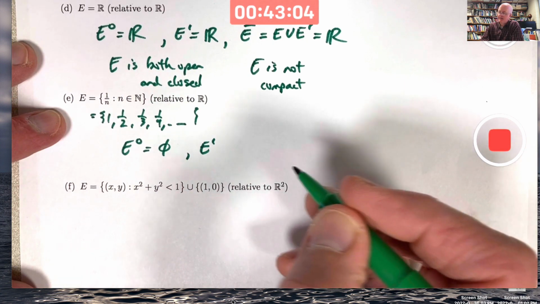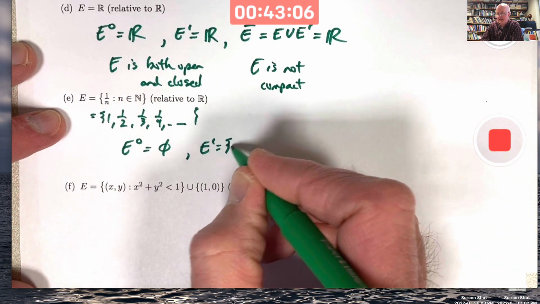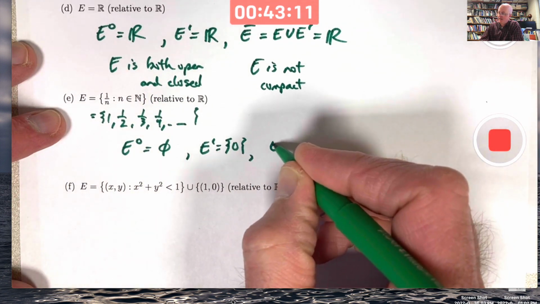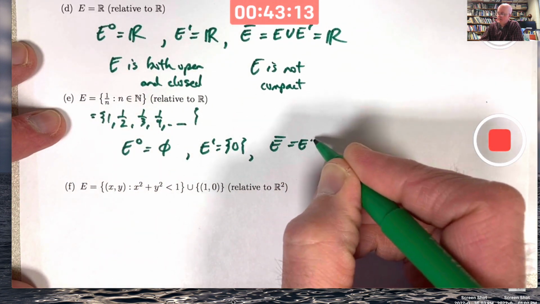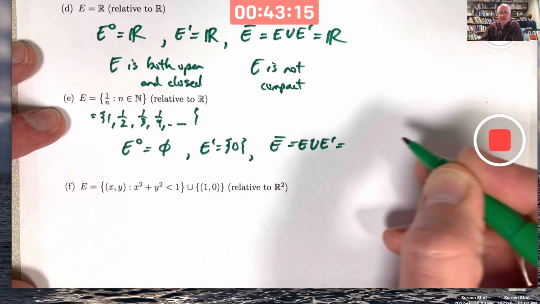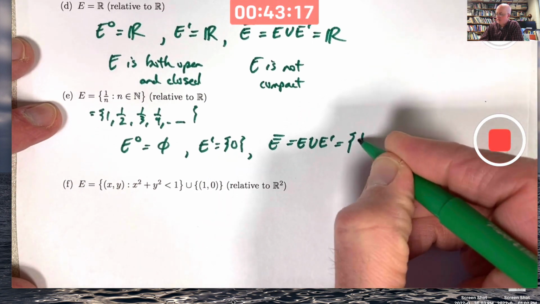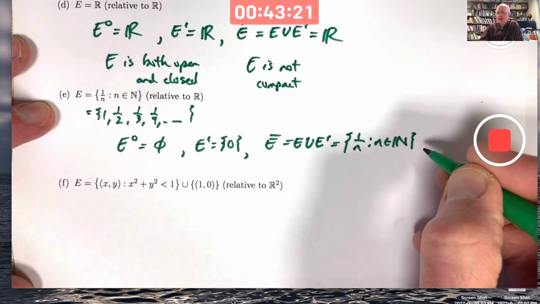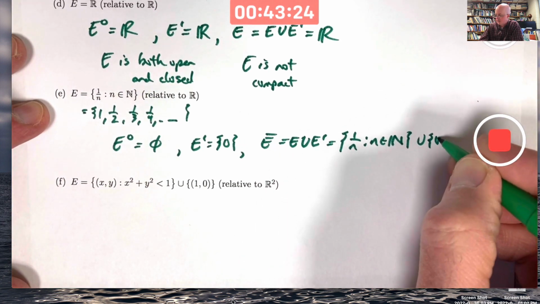What are the set of limit points? I hope that's fairly clear to be just the number 0. The closure is E union with E prime, so that's going to be the set of all numbers 1 over n as n ranges over the positive integers, the natural numbers, unioned with 0. That's a 0 there.